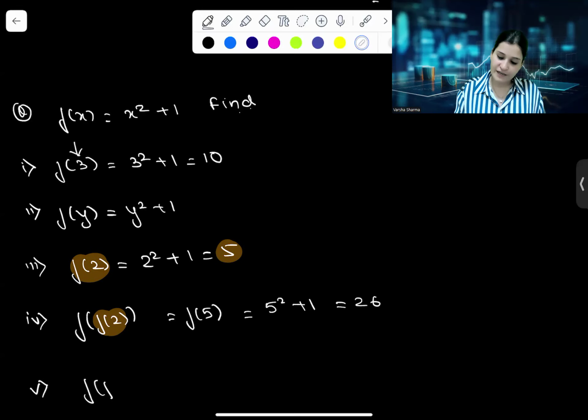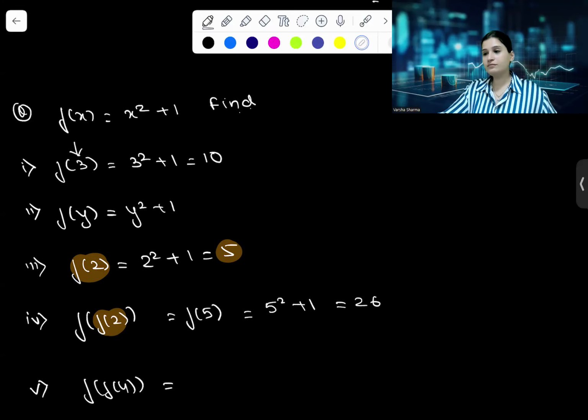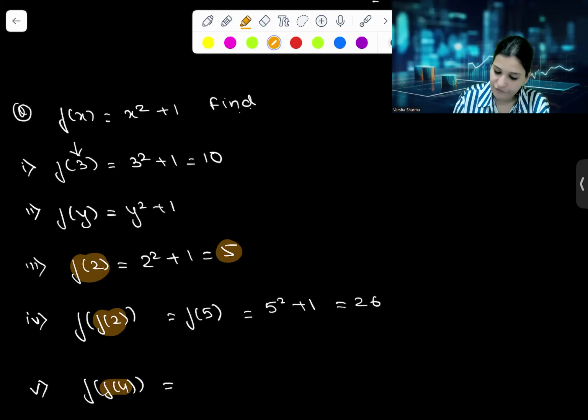Can you find out what would be f of f of 4? First we will calculate f of 4.